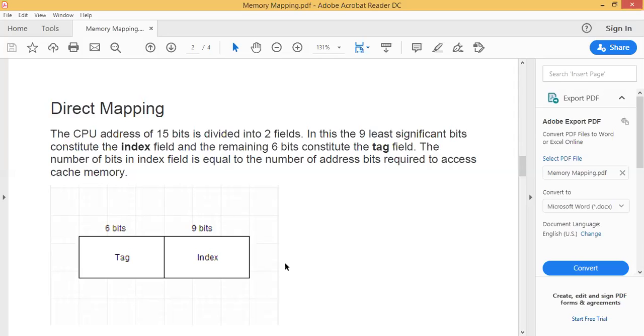The number of bits in the index field is equal to the number of address bits required to access cache memory. So here you can see the 15-bit CPU address divided into two fields: 6 bits hold the tag field and 9 bits hold the index field.